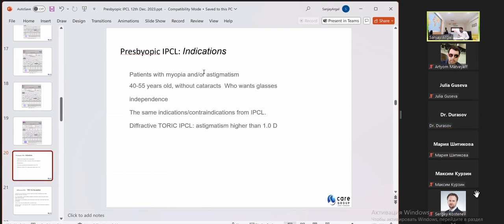Patient with myopia or astigmatism, age 40 to 55 years old, without cataract, who wants glasses independence. And if patient is having more than one diopter astigmatism, then I will prefer to go with presbyopic toric IPCL.